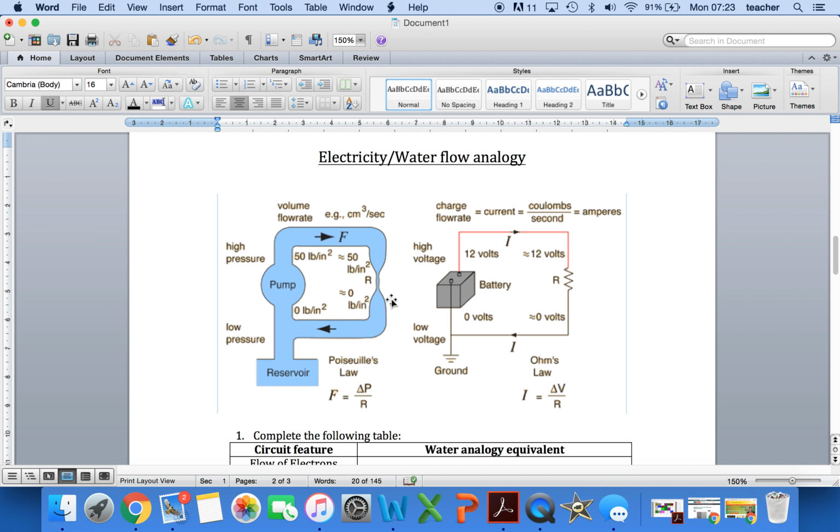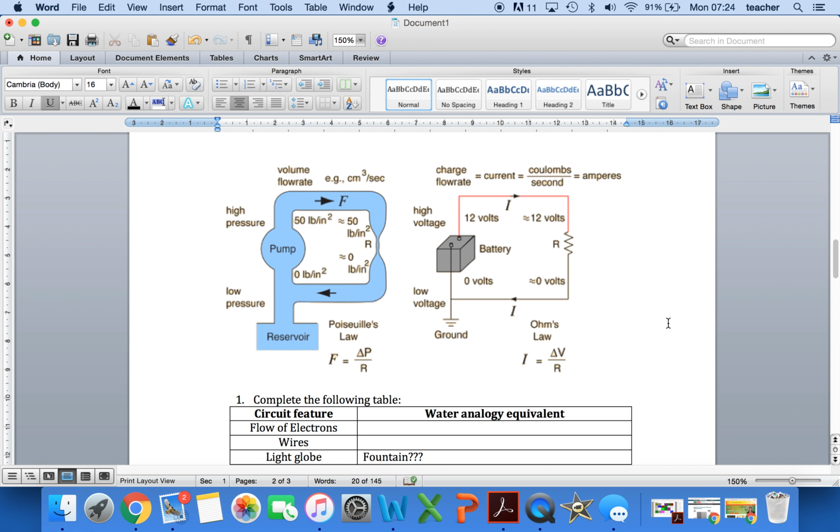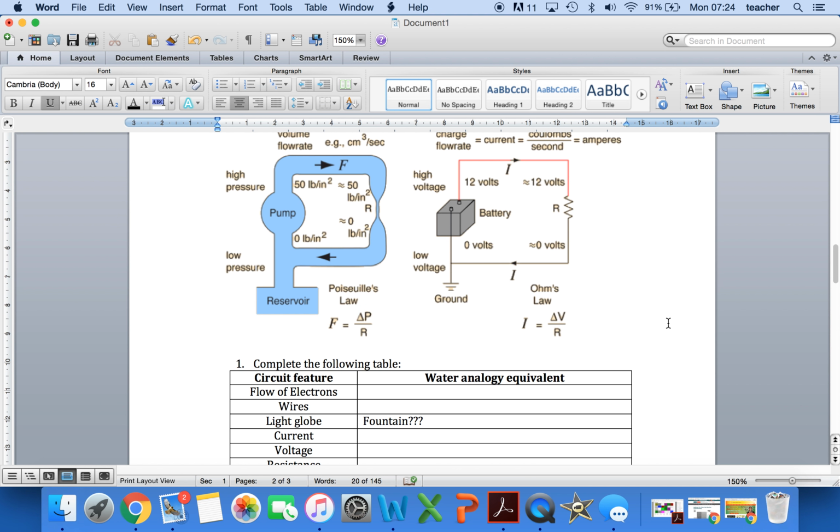The effect is that it's going to slow down or reduce the flow rate and take energy out of the circuit. Then once we get back over into this region, the pump starts to kick in again and push the water around again. Likewise, that's what the battery does, refreshing that current and maintaining it.